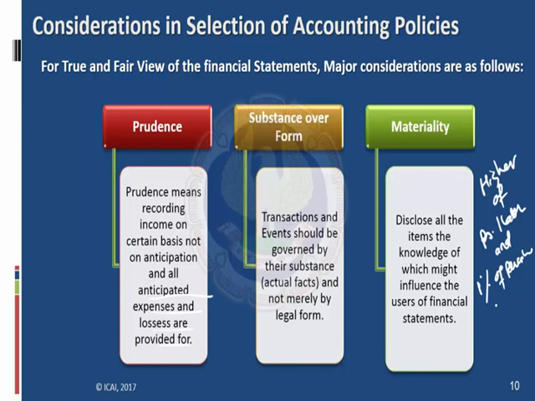Let's say the revenue of an entity is 1 crore. So 1% of 1 crore is 1 lakh. In this case 1 lakh and 1 lakh are the same. So the entity has to disclose all items which are more than rupees 1 lakh separately in the notes to accounts, or in the balance sheet or profit and loss account.